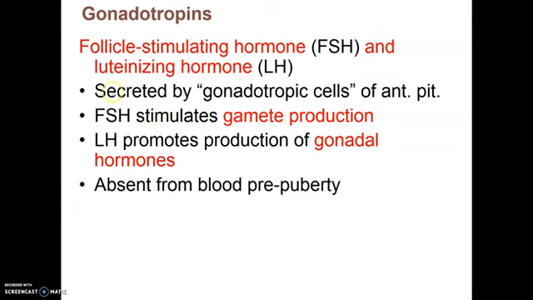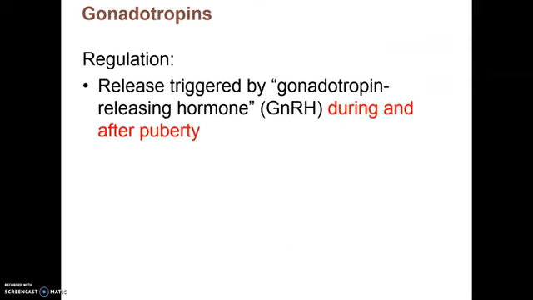These hormones are absent from the blood during pre-puberty. Gonadotropin regulation: release is triggered by gonadotropin releasing hormone during and after puberty.